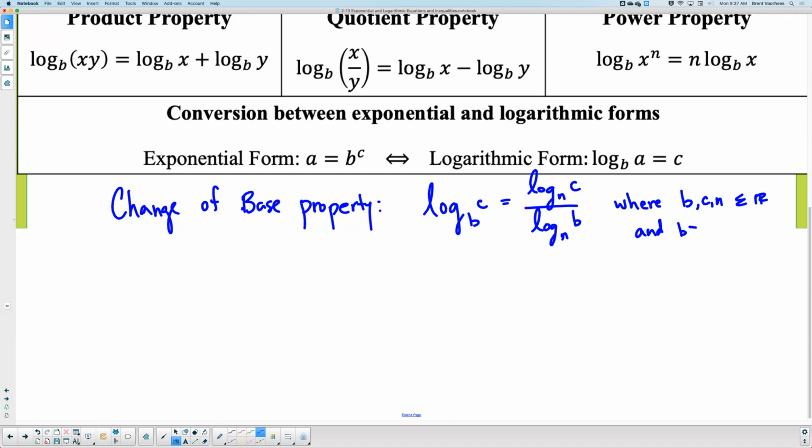So your base should be greater than 0 and not equal to 1. Those are your rules there.